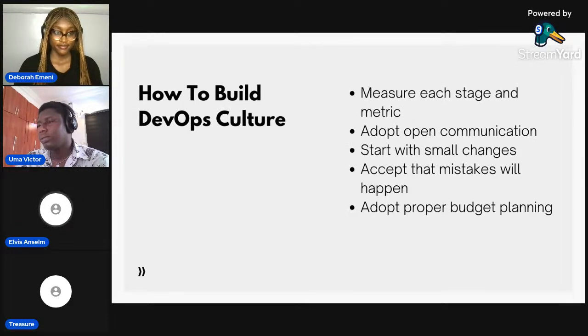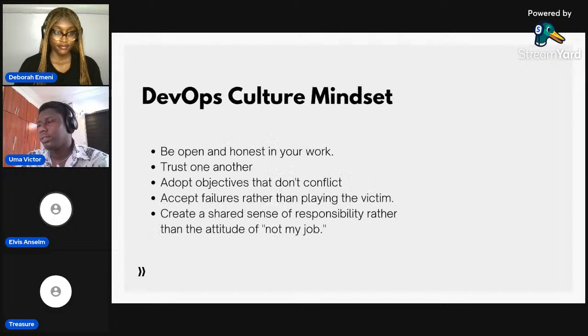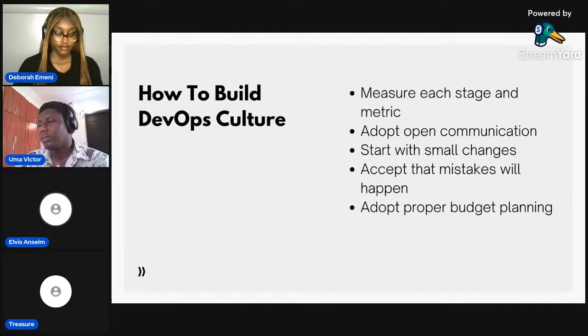All right. So how to build DevOps culture, right? We've seen in the previous slide the mindset you should have towards a great DevOps culture in your place of work. So now, how to build that culture. You start by measuring each stage and metric. When they say measure each stage and metric, it means take proper note of the numbers that you're getting, right?